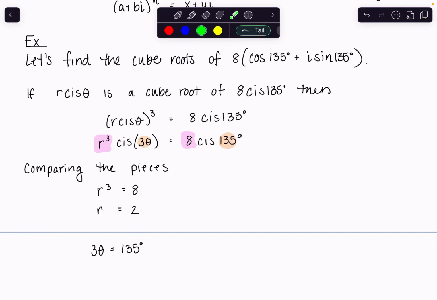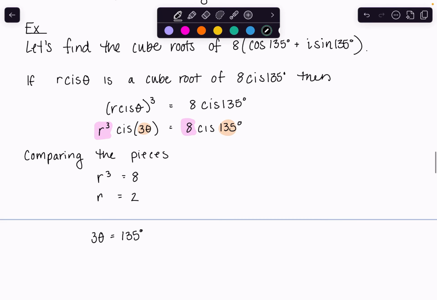But there's actually going to be a few times between 0 and 360 that we land here because of that 3 theta impacting the period. So 3 theta needs to equal 135 or any angle coterminal with 135 degrees. Okay.